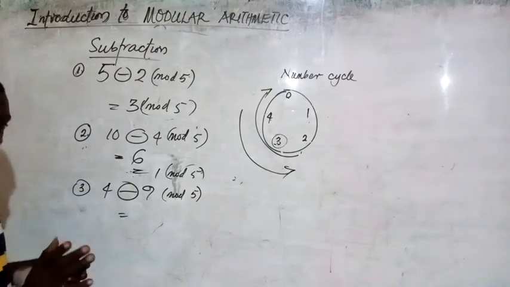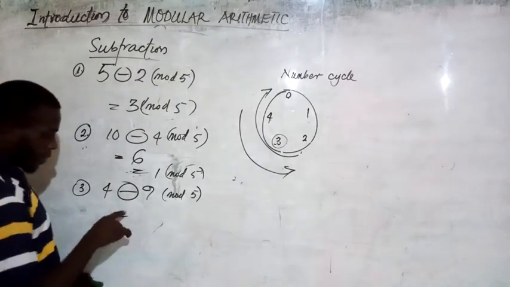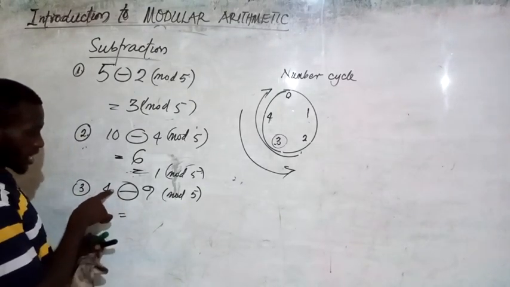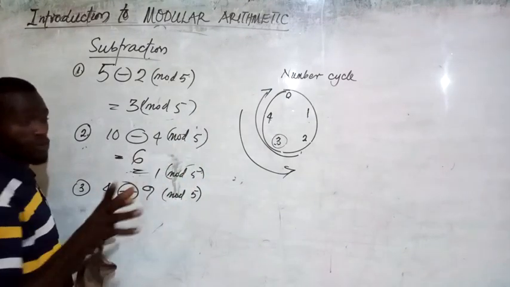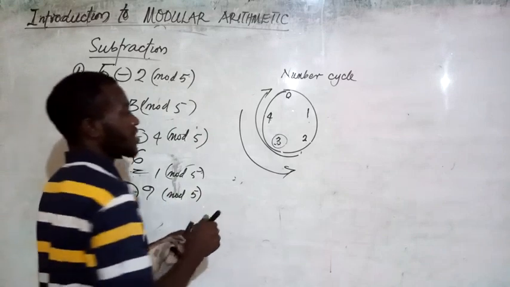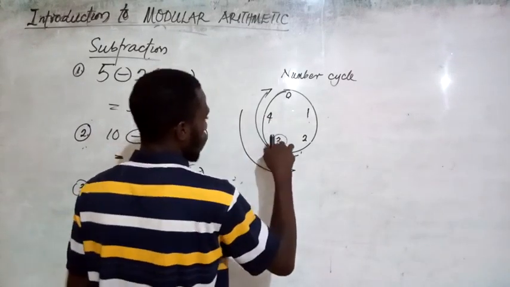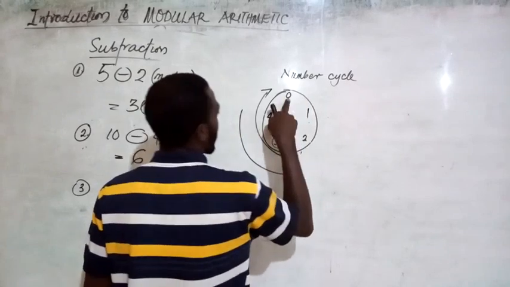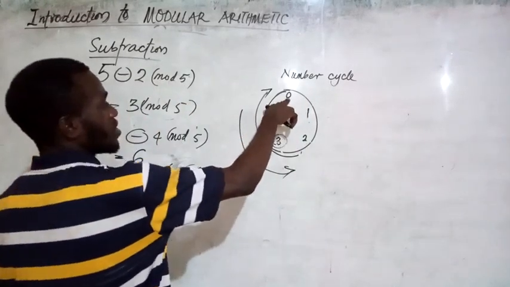It is very simple. You have 4 here. Now, if 4 can be found in the number circle, then very good for you. All you have to do is count anti-clockwise 9 rounds from 4. So you say 1, 2, 3, 4, 5, 6, 7, 8, 9. So that gives us 0.